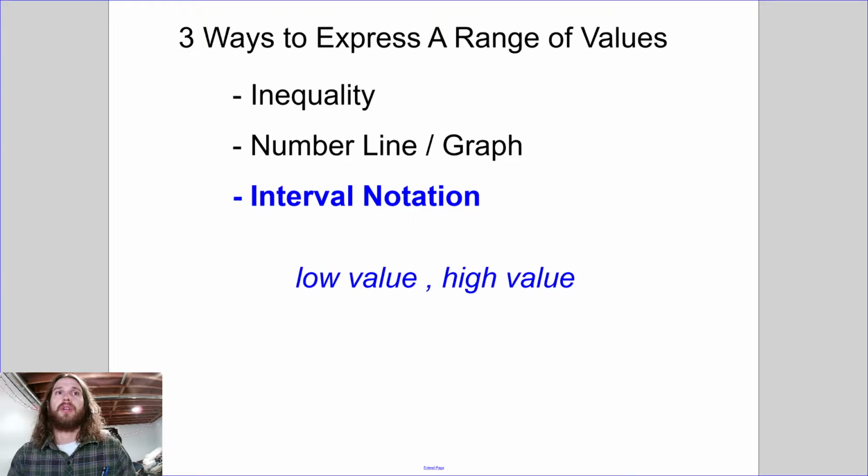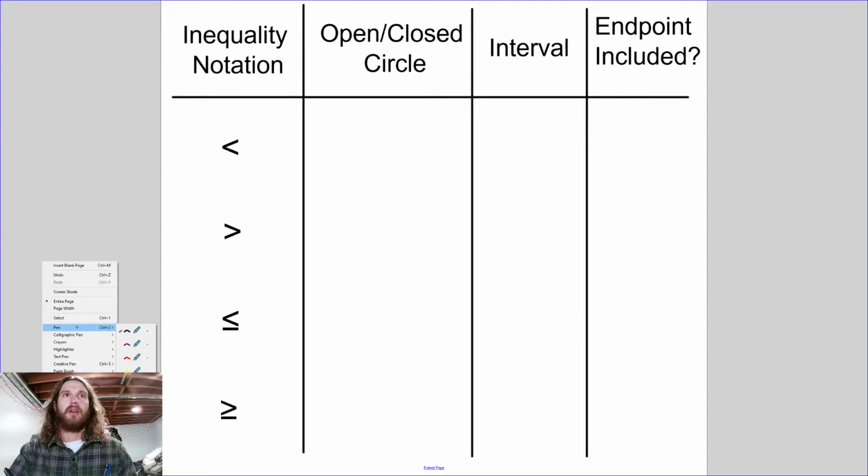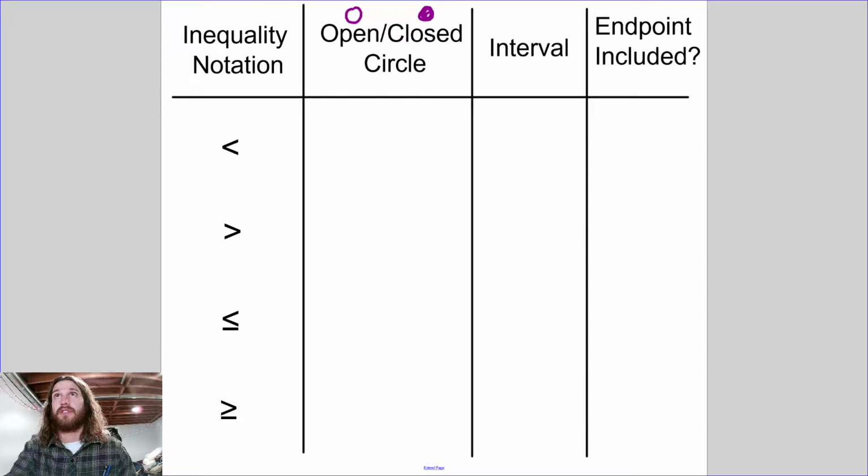First thing we're going to do here is make sure you understand how to represent an inequality in all three ways. I've got this little table made, so hopefully this will help you piece things together. Remember, on a graph, open circles look like this, closed circles look like this.